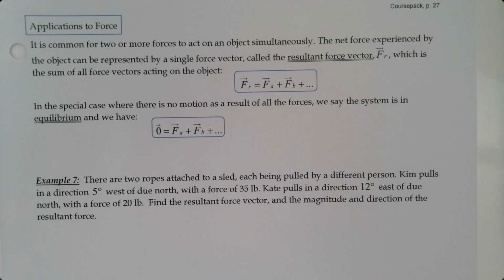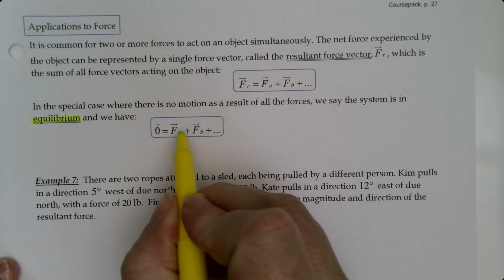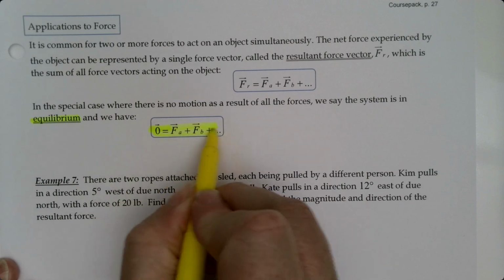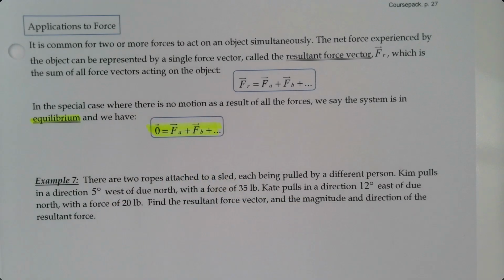Okay, there is a special case where there is no motion at all that results from all the forces. When that happens, we say that the forces are in equilibrium. Equilibrium means that the sum of the force vectors is equal to zero, the zero vector. Zero itself wouldn't make any sense, but it has to be the zero vector.